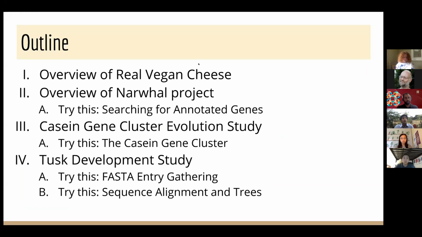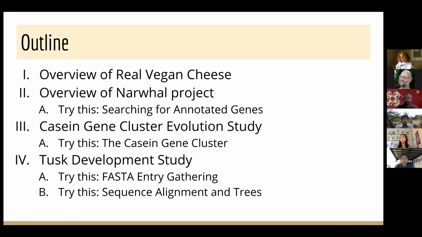As an outline of what we're going to be going over today, we're first going to overview both the Real Vegan Cheese Project and then the spin-off Narwhal Phylogenetics Project. Inside the Narwhal Phylogenetics Project portion of the presentation, I'm going to do a quick demonstration on how we search for annotated genes, one of the bioinformatics techniques we've been working with.